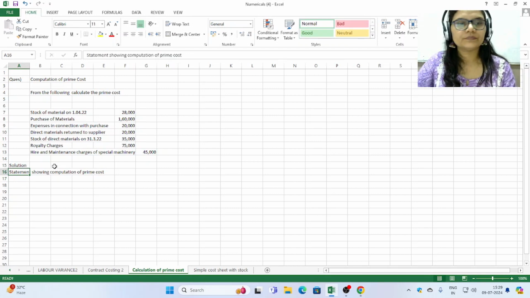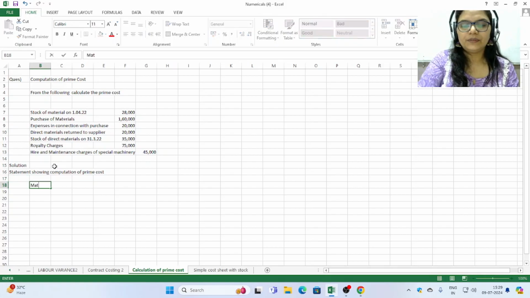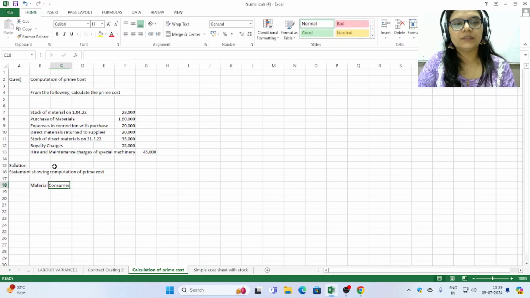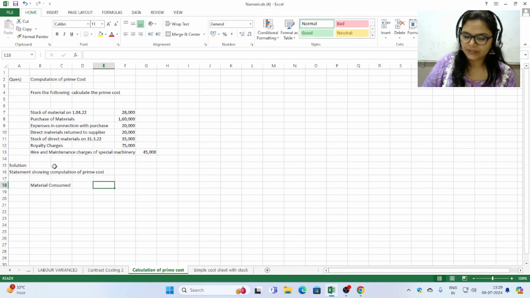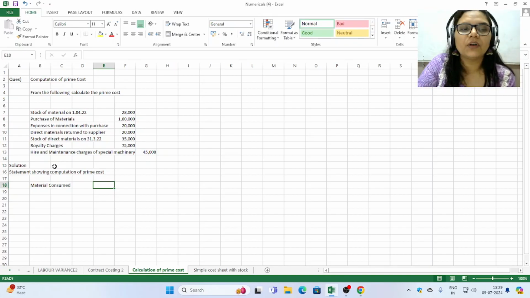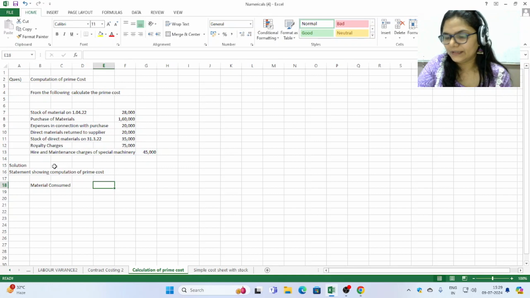Now, we have material consumed. Material consumed is not given in the question, but we have discussed in the previous sessions that sometimes material consumed is not given in the question, so we need to calculate it with the help of opening stock, additional purchases and closing stock.